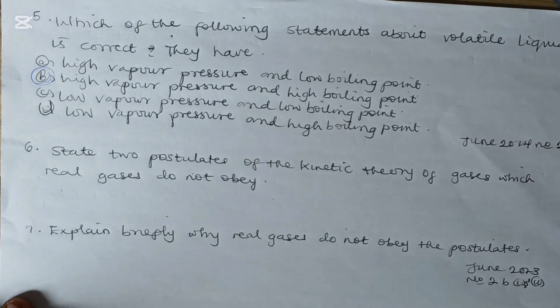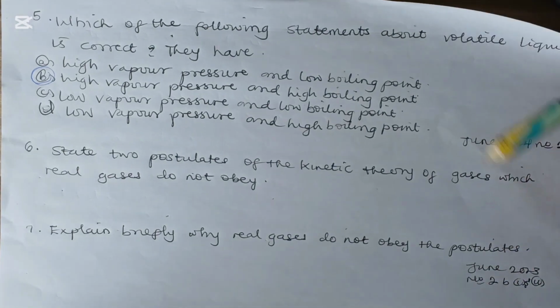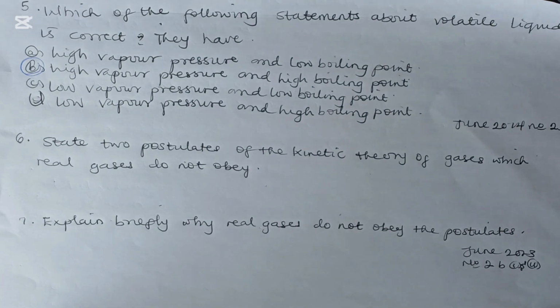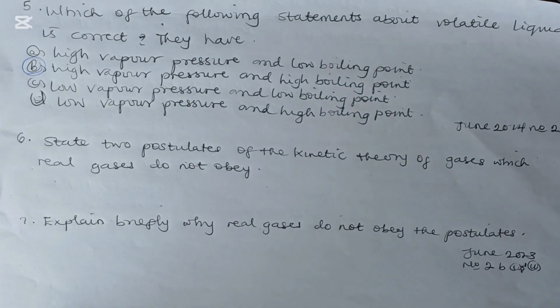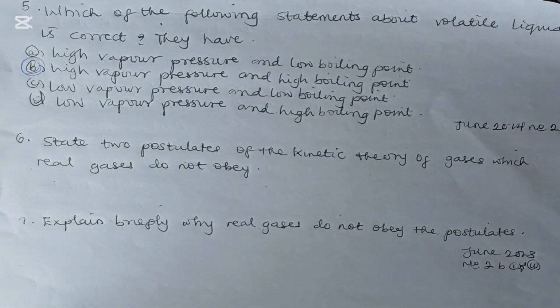The real gases are the gases we see around us. They do not fit into the picture of the ideal or perfect gas, which has various assumptions, which is the kinetic theory of gases. Real gases have volume, they occupy space, and their collisions are not perfectly elastic, though they collide with themselves.